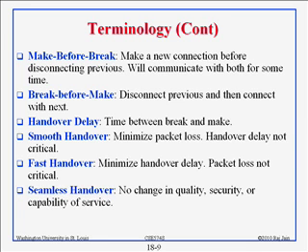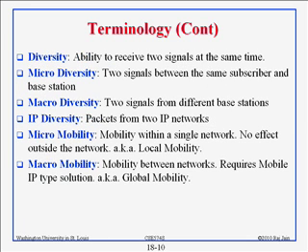So these are all independent. The terms smooth, soft, fast, and seamless all have different meanings. Smooth means loss, fast means delay, seamless means quality of service. Diversity means it's like multi-homing. You will be able to connect two signals at the same time. If you allow diversity, then you are allowing two connections at the same time. So you might have two antennas, or you might be able to receive two signals, Wi-Fi and WiMAX, at the same time.